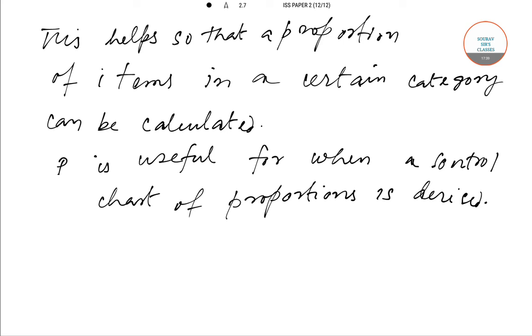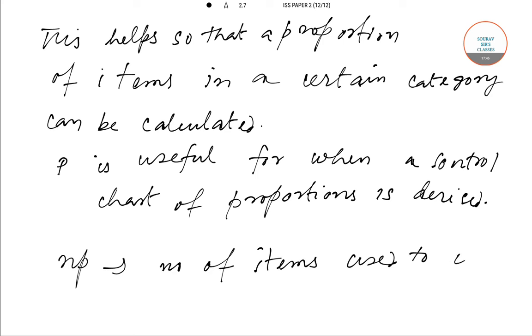And NP chart is appropriate when the number of items used to calculate each proportion is the same.